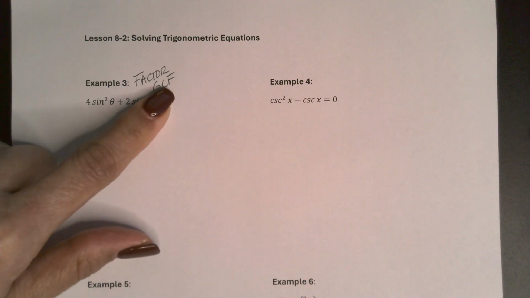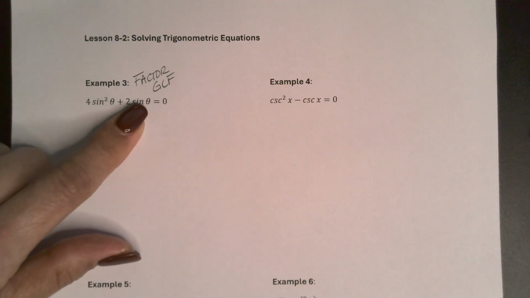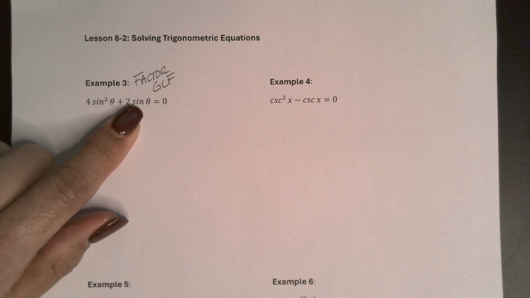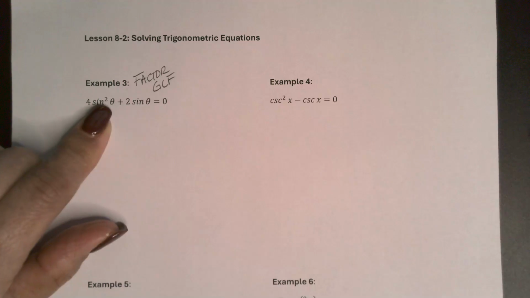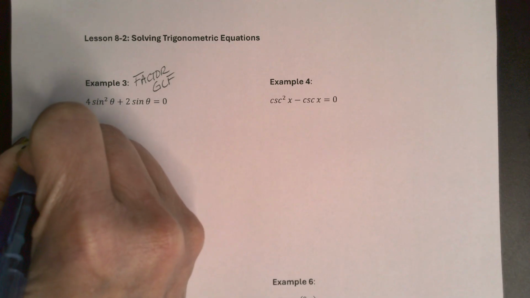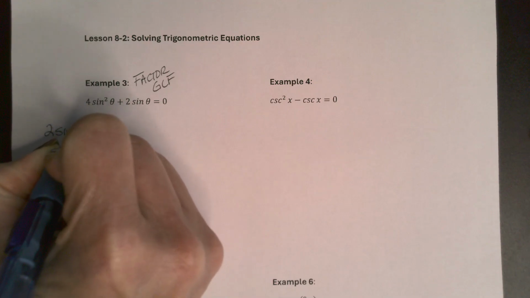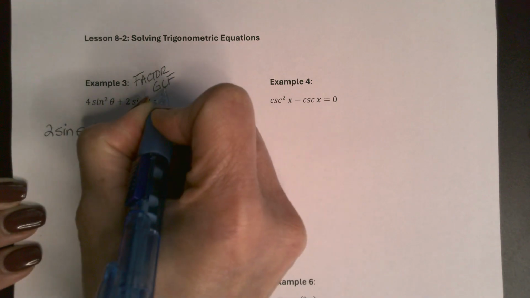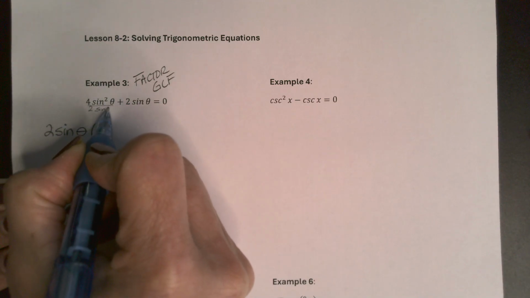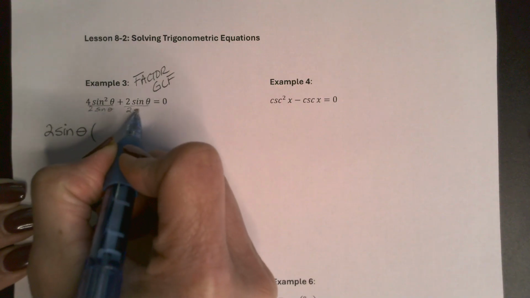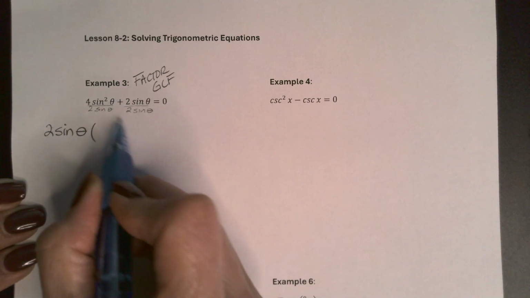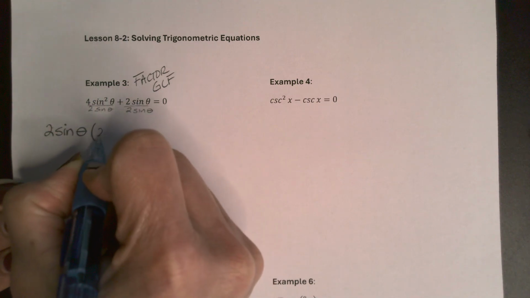So let us take out the GCF, the greatest common factor between these two terms. The 4 and the 2 are both divisible by the number 2, and they both have sine theta in them. So we identify the GCF, which in this case is 2 sine theta. Remember, taking out the GCF means you're dividing every term by the GCF, and the resulting answer of that division goes inside the parentheses.